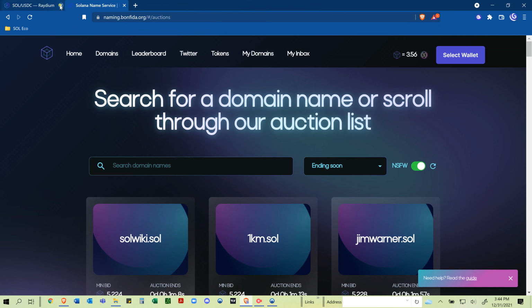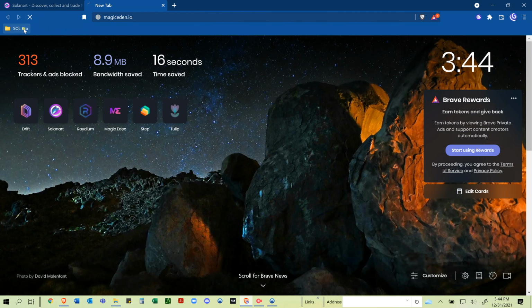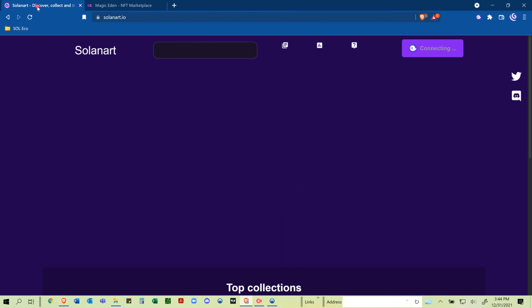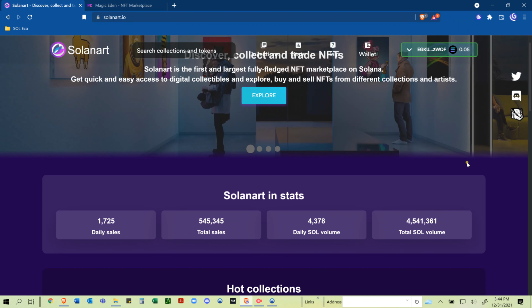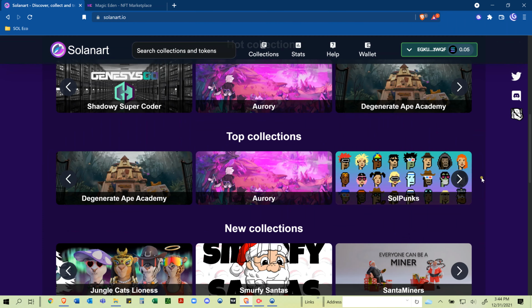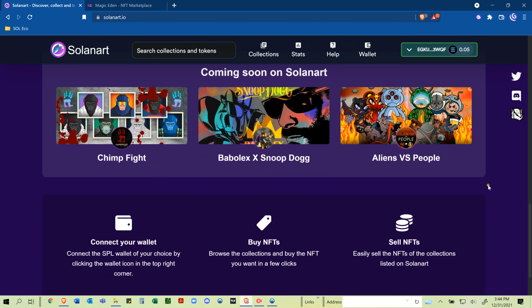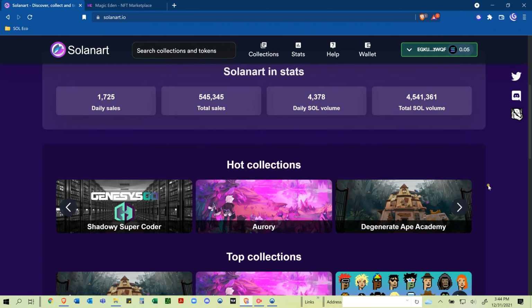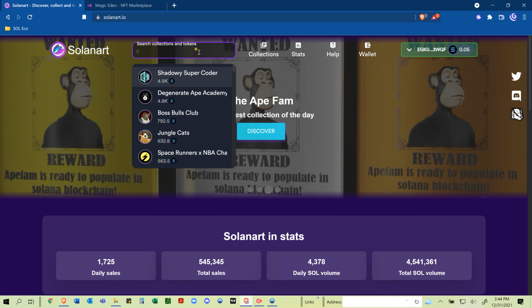Really cool stuff there. So get rid of, close some of these. Let's go back to NFTs. Probably the first NFT site on Solana is Solanart, and they don't list quite as many NFT projects as other ones do, so they're fairly closed as far as what they allow on there.